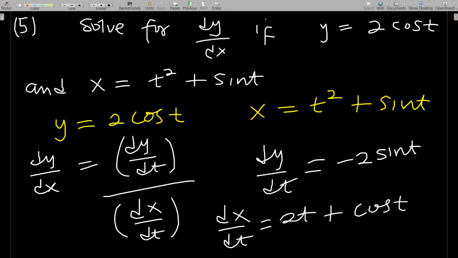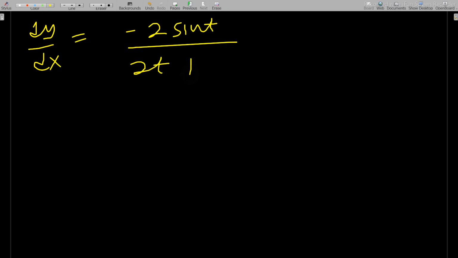So dy/dx will simply be dy/dt over that, which is minus 2 sin t over 2t + cos t.